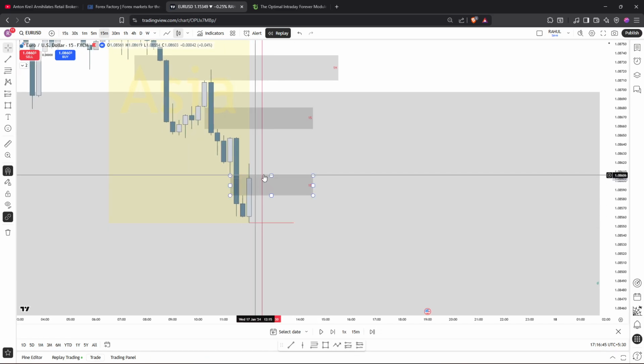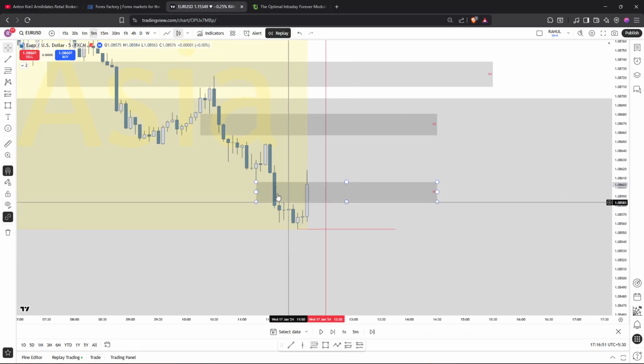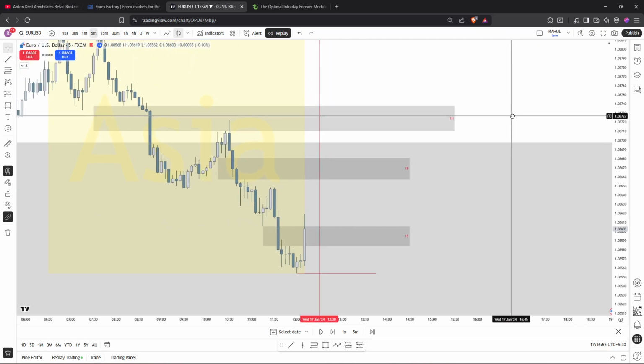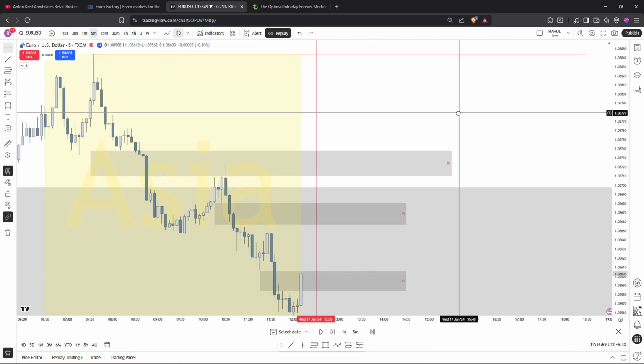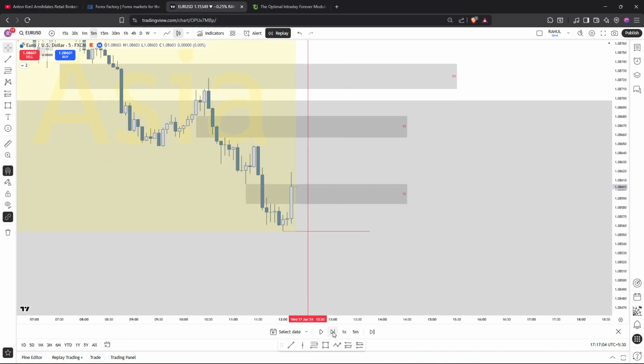Let's see if the 10 minute FBG holds or not. We'll go on to the lower time frame and wait for the entry element. There are multiple highs which are tempting for a liquidity sweep, but let's see what happens. Okay, the 15 minute got run through in the 5 minute time frame.